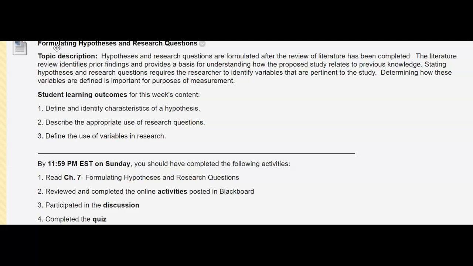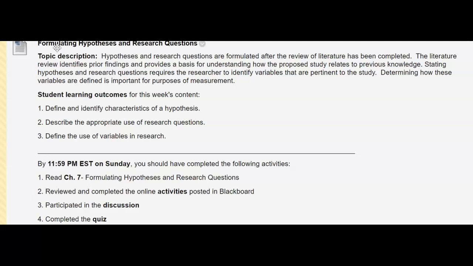Stating hypotheses and research questions requires the researcher to identify variables that are pertinent to the study. Determining how these variables are defined is important, and that's for the purpose of measurement.